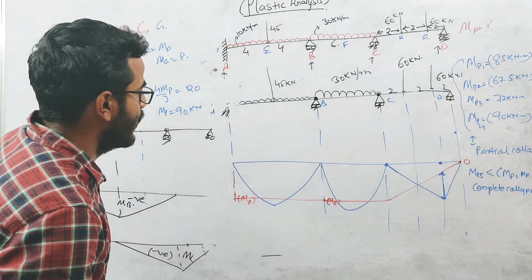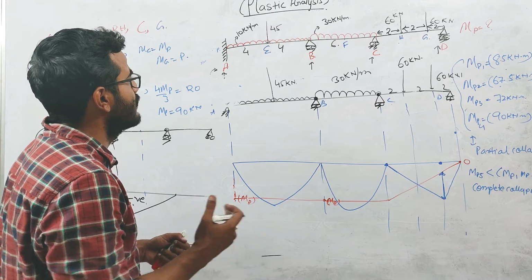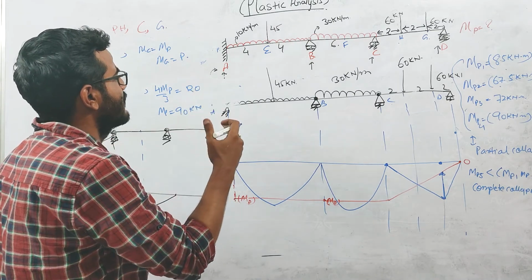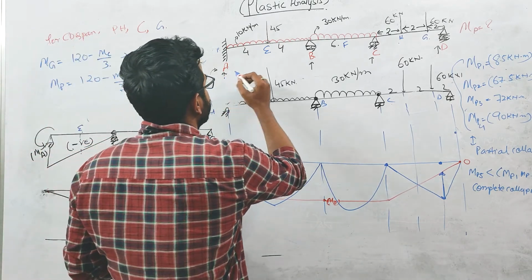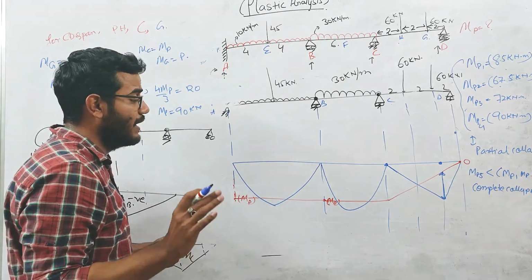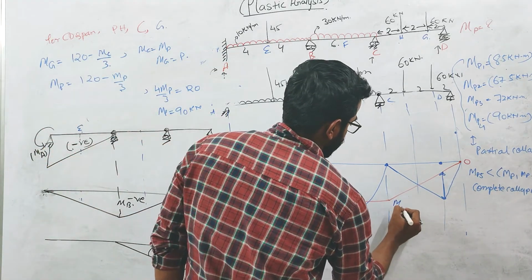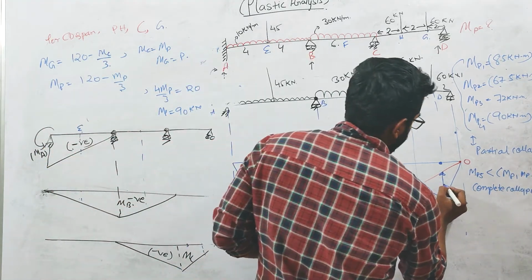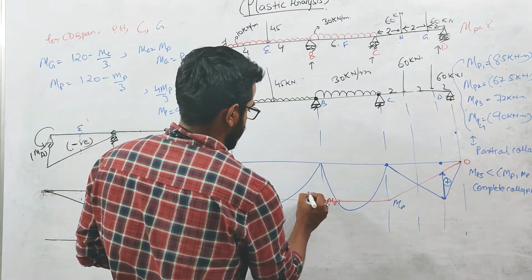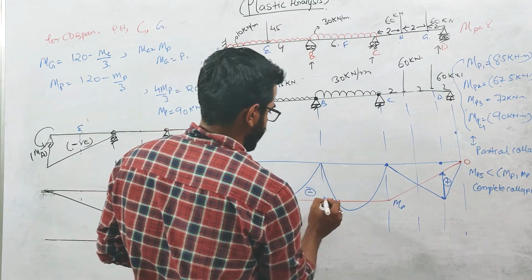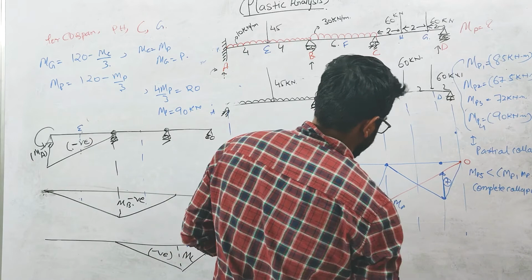If you solve this beam using elastic analysis and draw the bending moment diagram, you will find that the moment is maximum at these three points. So there is a 99% chance that the plastic moment will be there at these points. This is positive, and this is negative, this is negative.